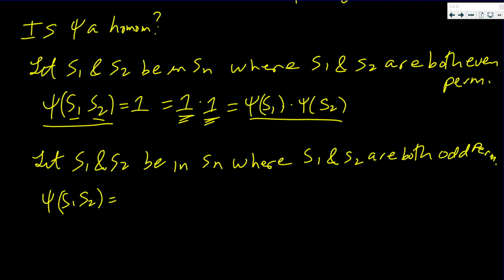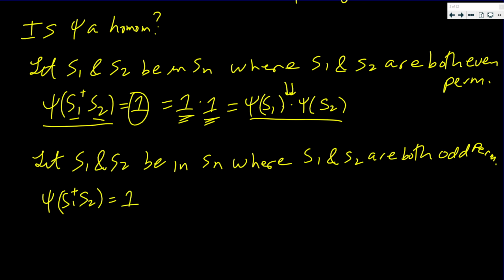I was a little bit sloppy in something: over here we have multiplication, over here we're thinking of addition. If you add 2 even permutations, you get an even permutation, which is 1. If you add 2 odds, you get an even.